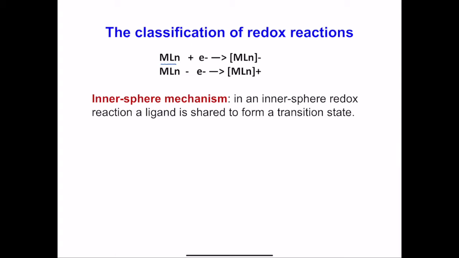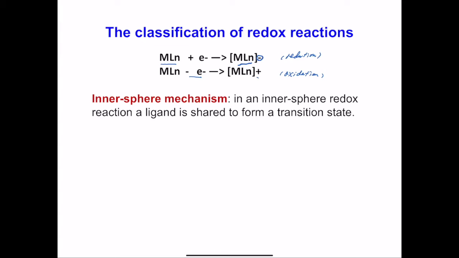It undergoes either reduction, which means you add an electron to the transition metal complex, so you make your product one negative charge more. Or you can do an oxidation reaction, where you remove one electron, so your complex will increase by a positive charge. So in a redox reaction, either you reduce your metal compound or you oxidize it.